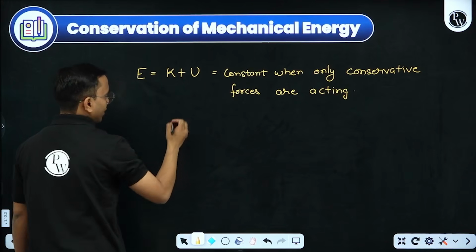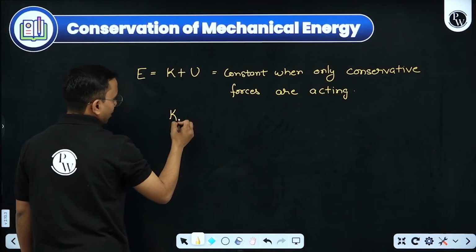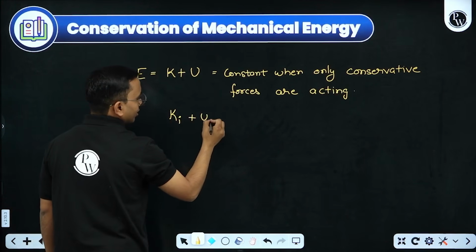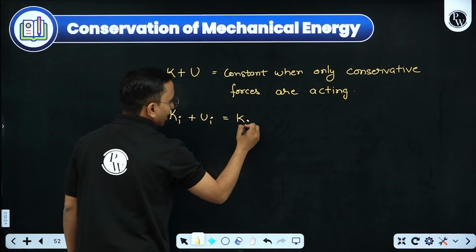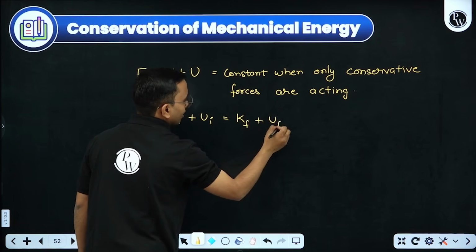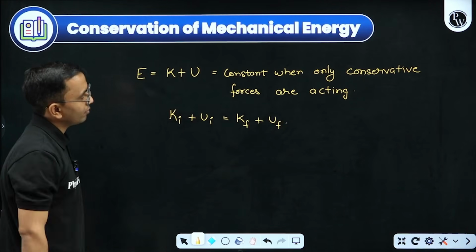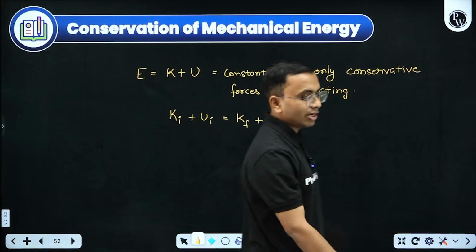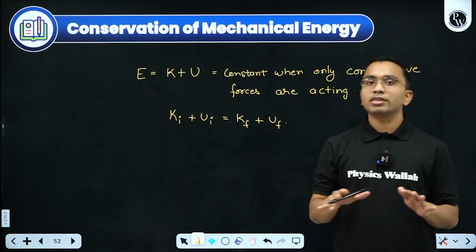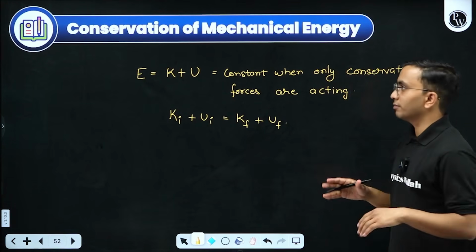So if only conservative forces are acting, I'll say my initial kinetic plus my initial potential is equals to my final kinetic plus my final potential. Total mechanical energy will remain conserved, it means that will remain constant.